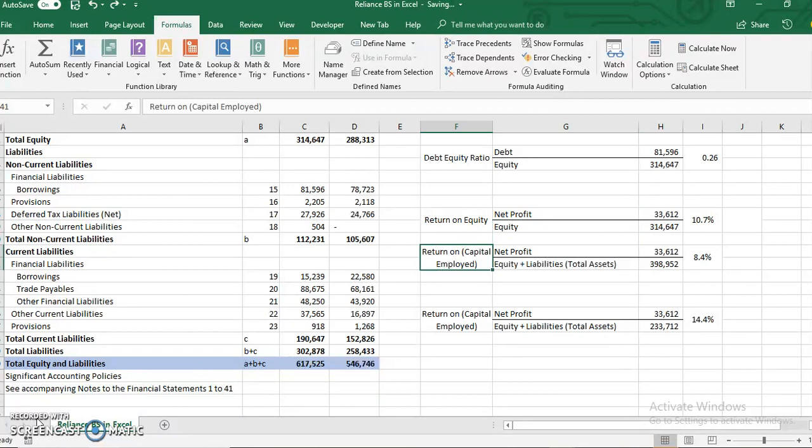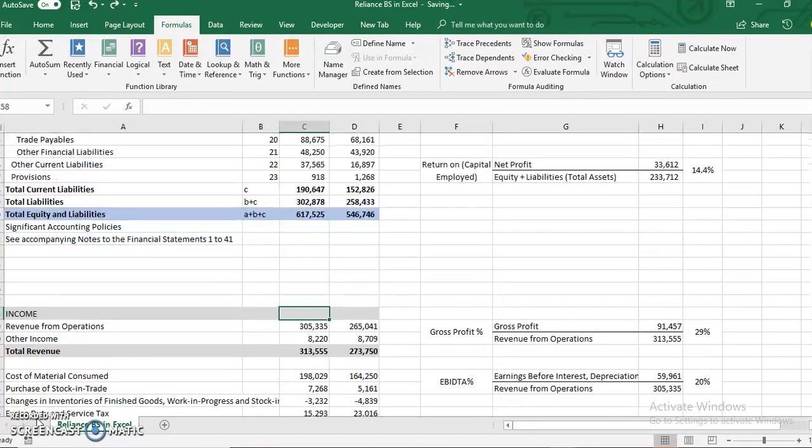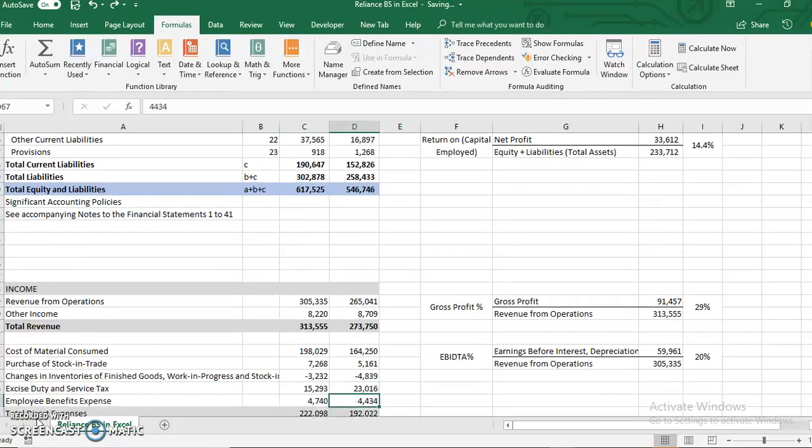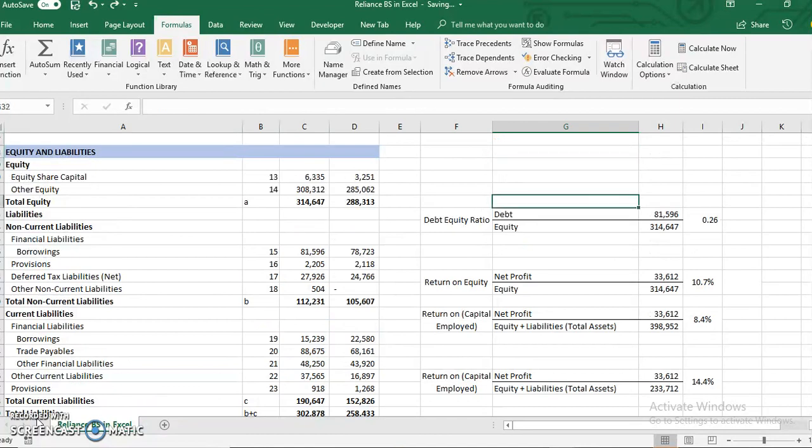Now there is another one, which is net equity plus liabilities, which is total assets. So here total assets are 190 plus the 493, which is much higher. The reason is that the company is taking loans and investing the money into their investments and developments.